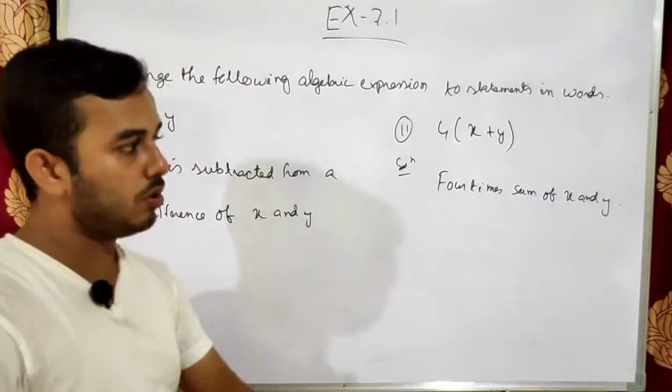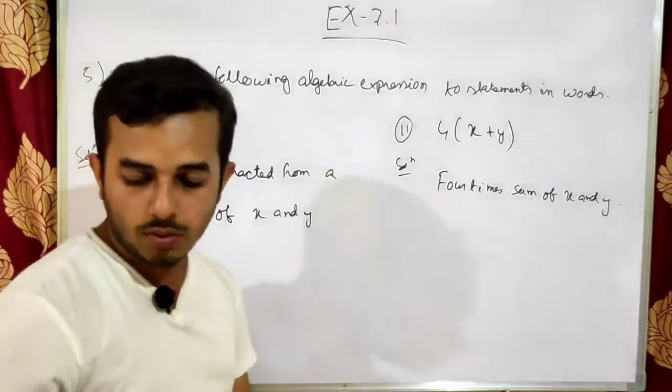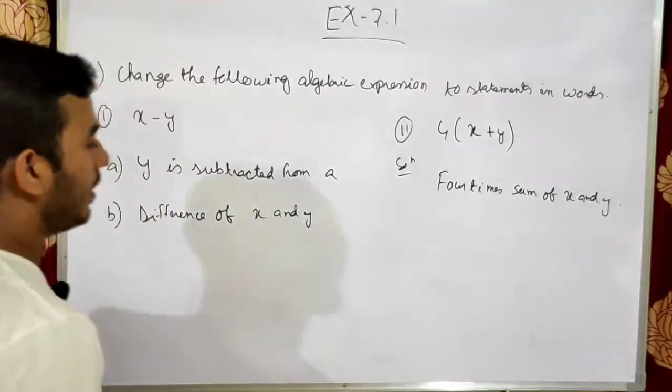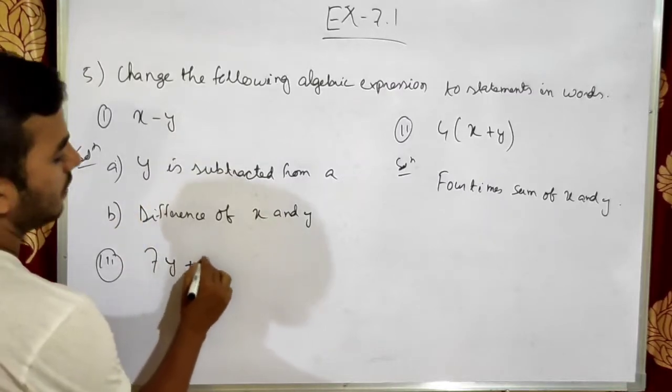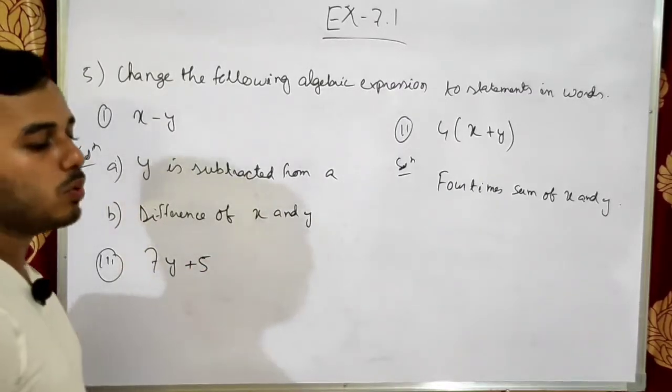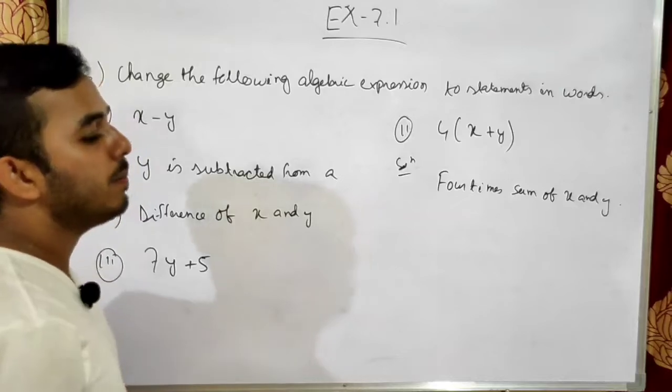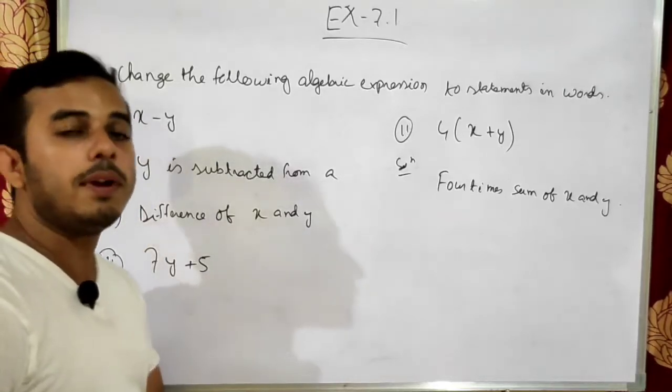Okay, so let's discuss another one. Next one is 7y plus 5, number 3. 7y means 7 times y, and plus 5 means 5 is added to 7 times y.